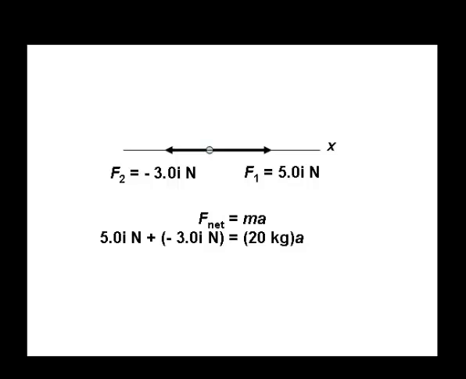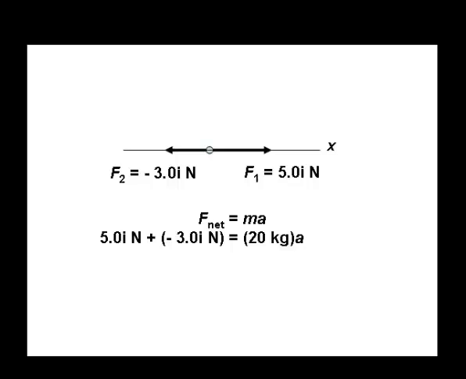I fill in the forces with unit vector notation. 5 newtons to the right, that's in the positive direction of the x-axis, so I use a positive i. 3 newtons to the left, that's in the negative direction of the x-axis, so I use negative 3i.